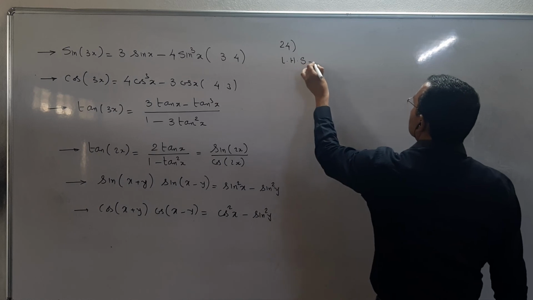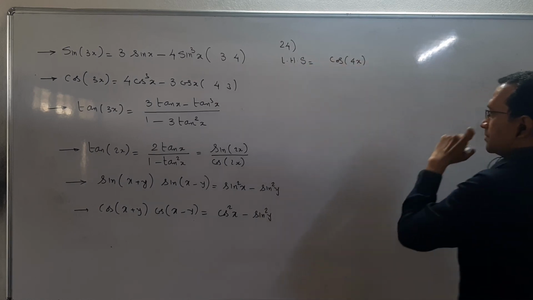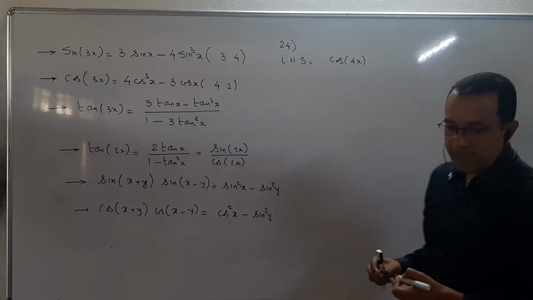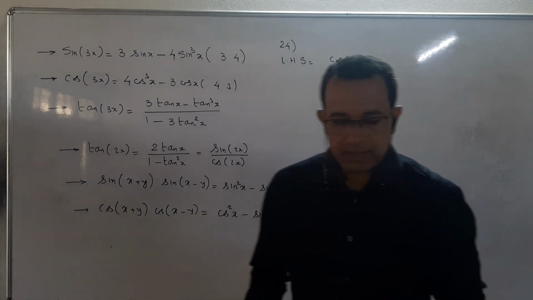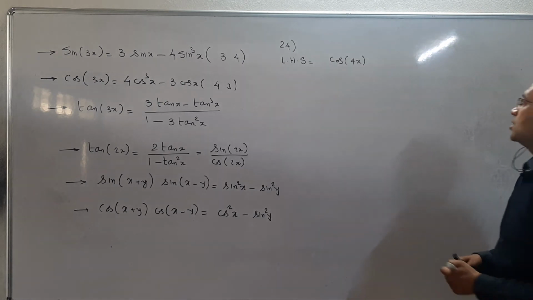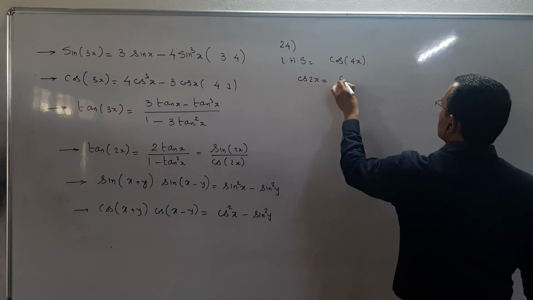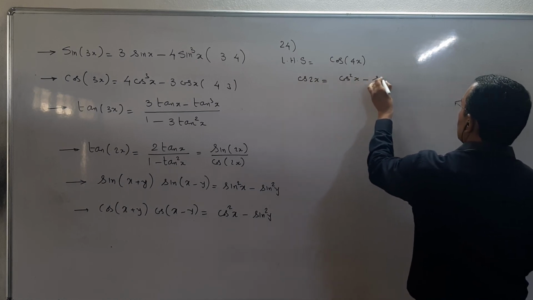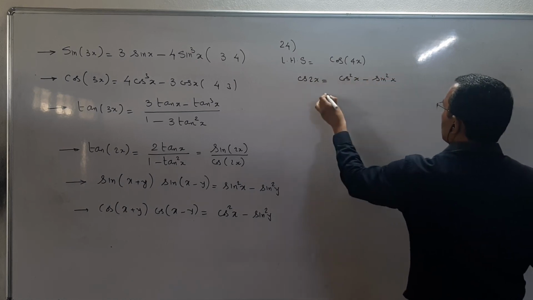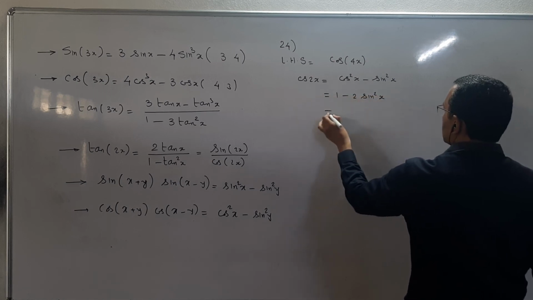LHS is cos of 4x. Now, if you observe your RHS, it is 1 minus 8 times sin square x cos square x. Now, today we have written these formulas of cos 2x. Cos square x minus sin square x. 1 minus twice sin square x.